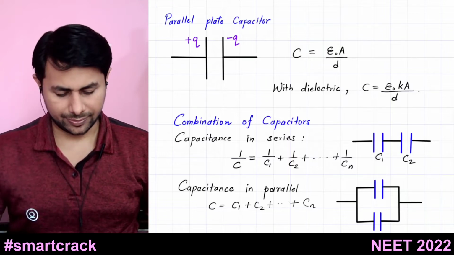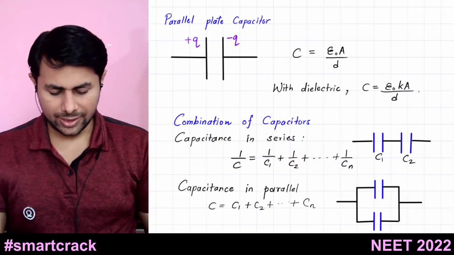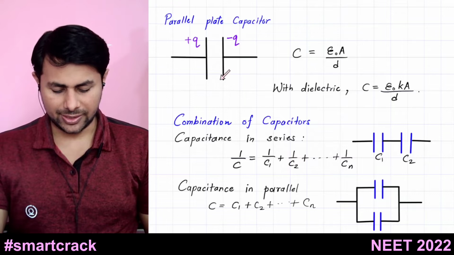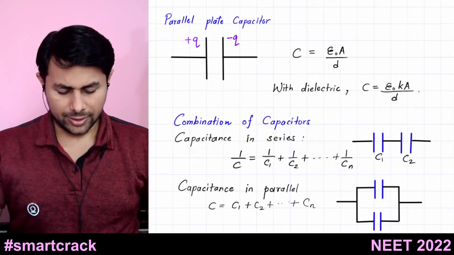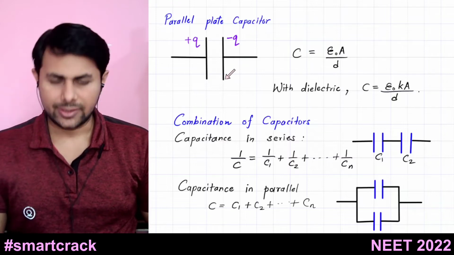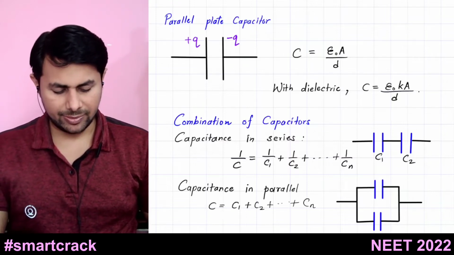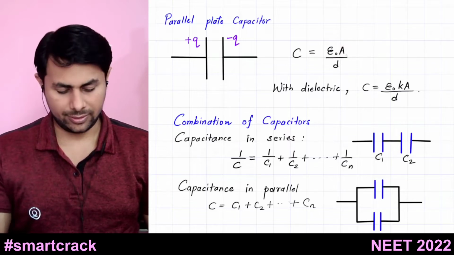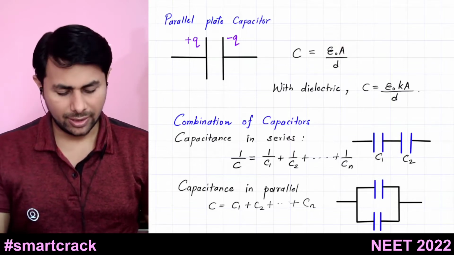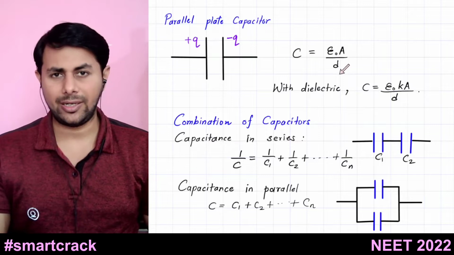So there is some charge and there is some potential difference now created due to this charge. What is the capacitance of this system? It is given by this formula: epsilon naught A divided by d.